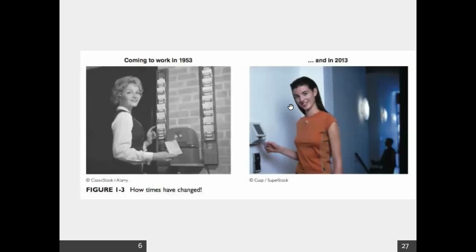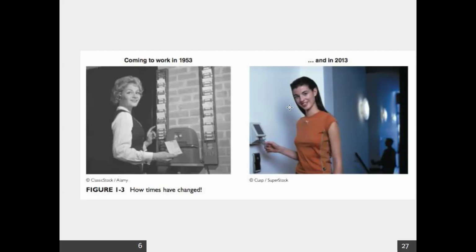Right. Okay, so these are actually two photographs I have taken from the book. And these two images will show you how people come to work in 1950s and around 2030. So early days when people come to work, you have to keep track of their attendance. They had what we call the attendance card system. You have to punch them when you start working.